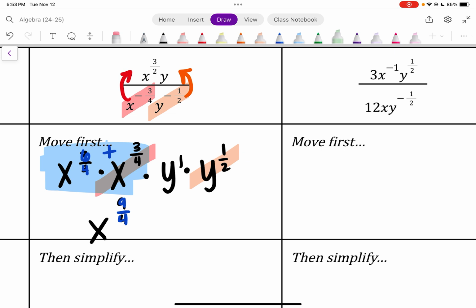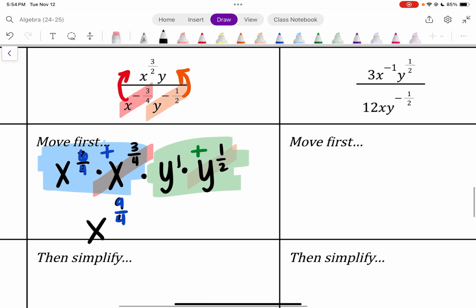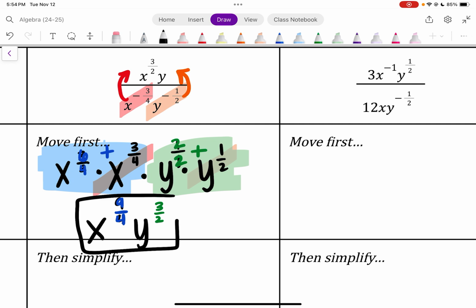So now when I take my fractions and I combine my y's, we are adding those exponents. So turning this into a fraction, I need a 2 in the denominator, which means I need a 2 in the numerator. So now I have 2 over 2 plus 1/2, which is y to the 3/2. And that is my final answer.